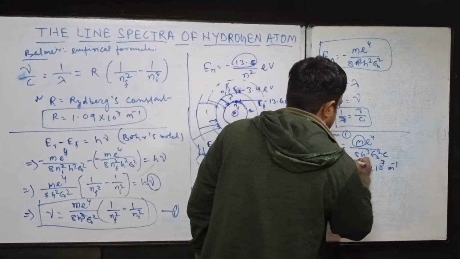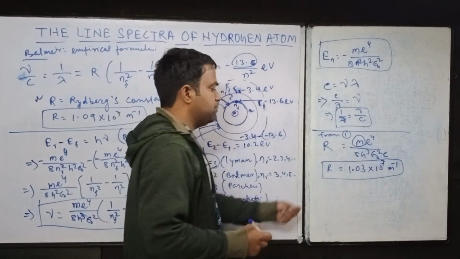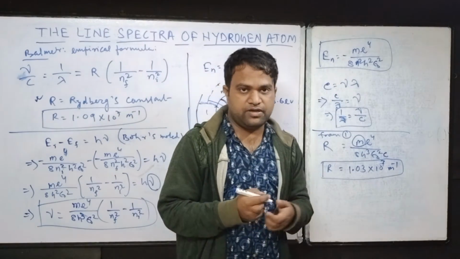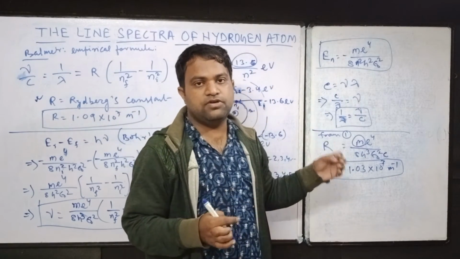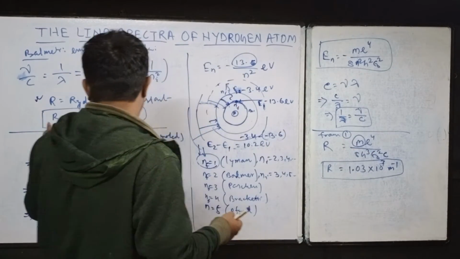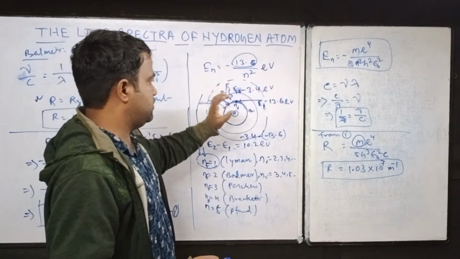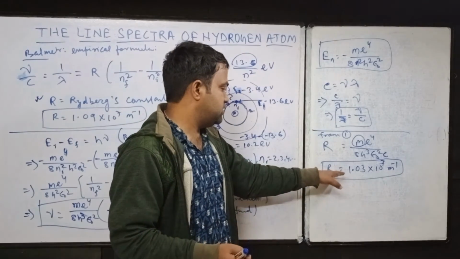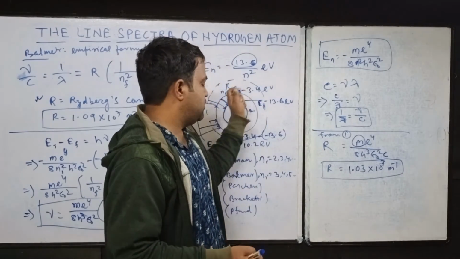So this is your Rydberg constant from the energy that we calculated using Bohr's model, where the energy difference between two orbits is h nu.